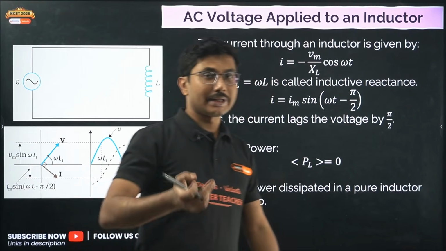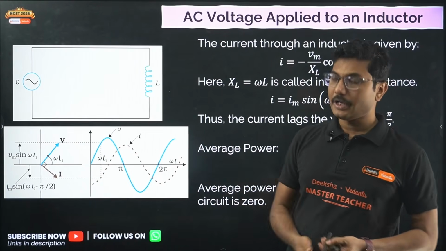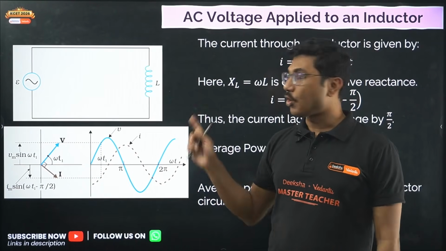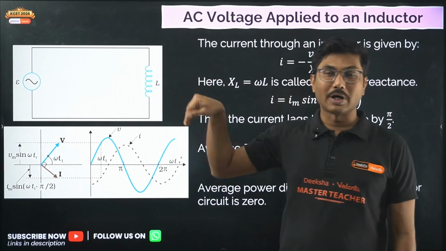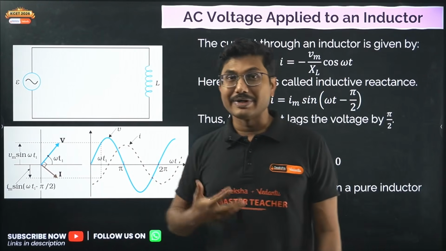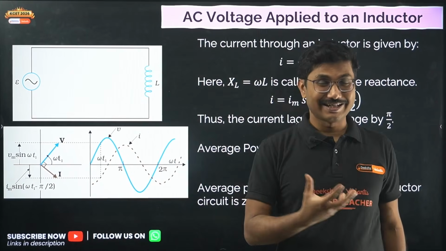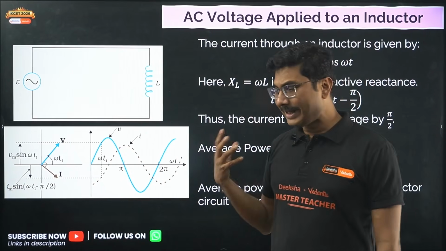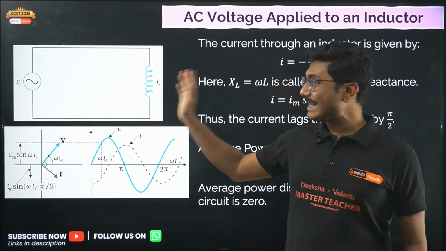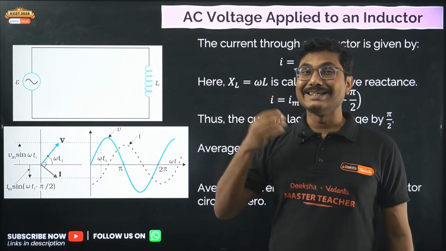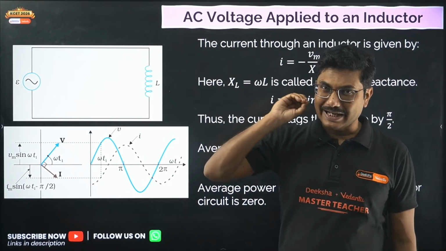First we will study voltage applied to an inductor. Inductor means, if you have followed my lecture, you should know an inductor is basically a coil. When a current is being forced through a coil, the coil tries to resist the flow of charges, or tries to resist the current that is being passed through it. For normal DC, that saturates after the initial few seconds, but for AC, where the current is changing every second, the inductor tries to stop that current every second as well.